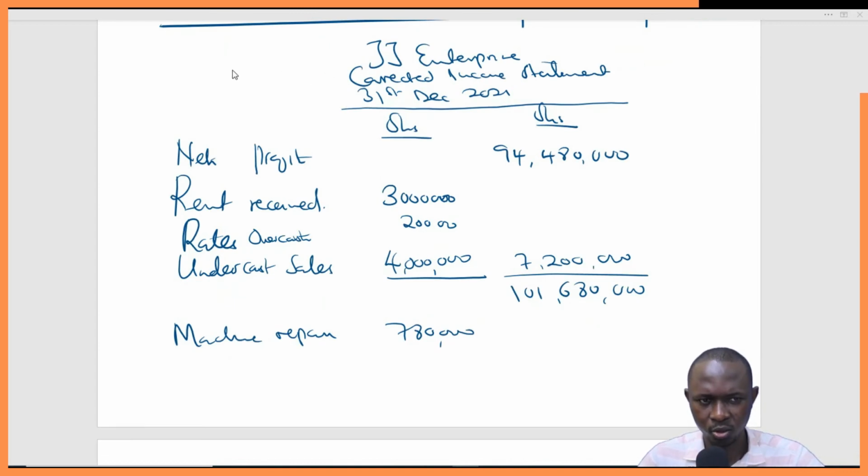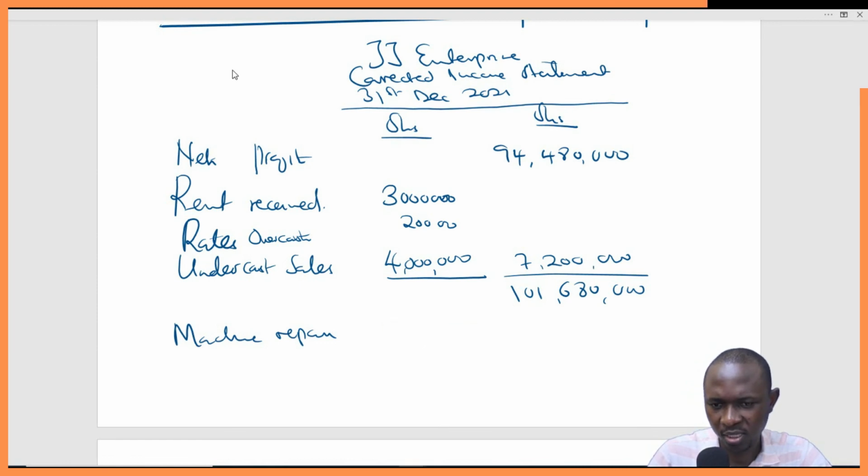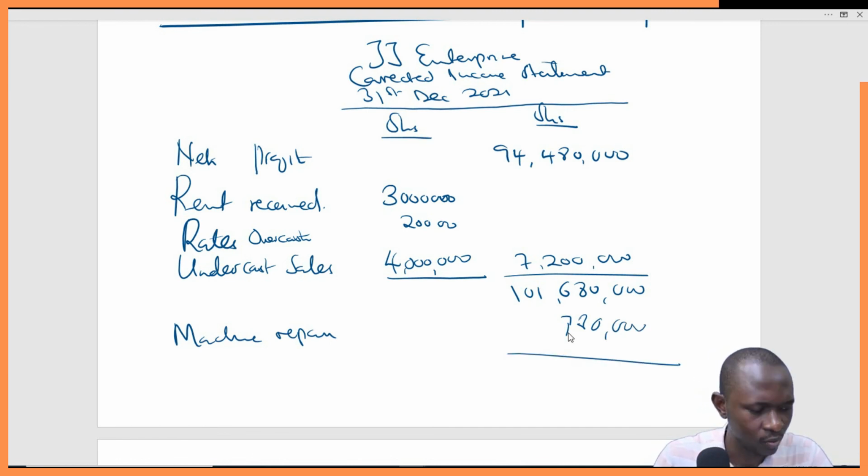Okay. So what we are saying is that we have machine repair. Instead of putting it here, since it's the only one, we can just show it there, 780,000. This will give us 101,680,000 minus 780,000.